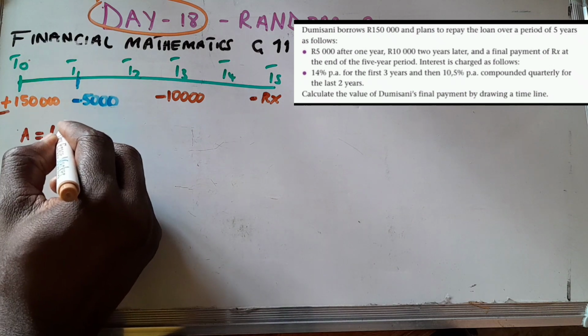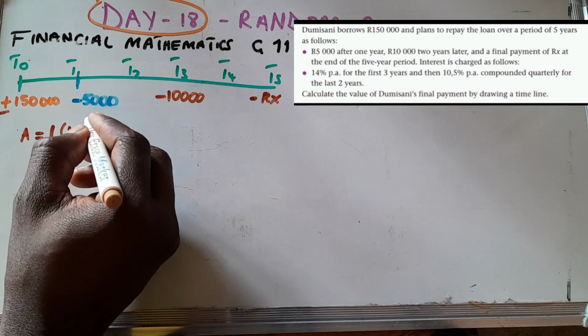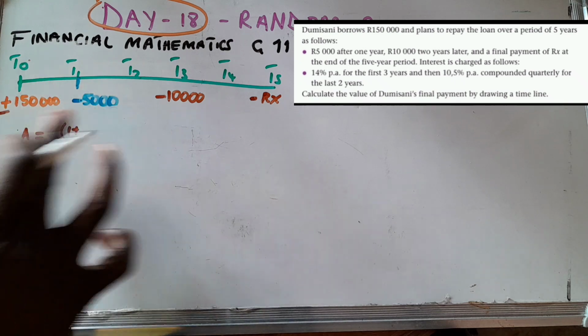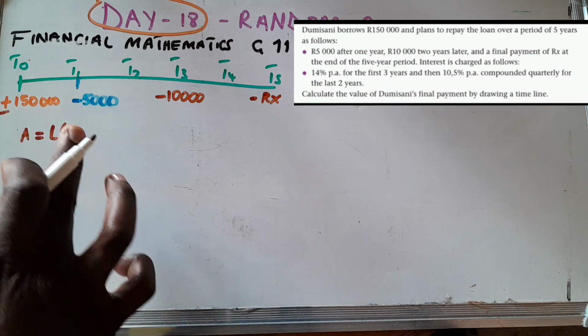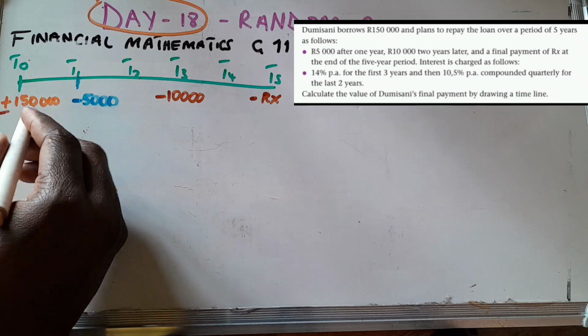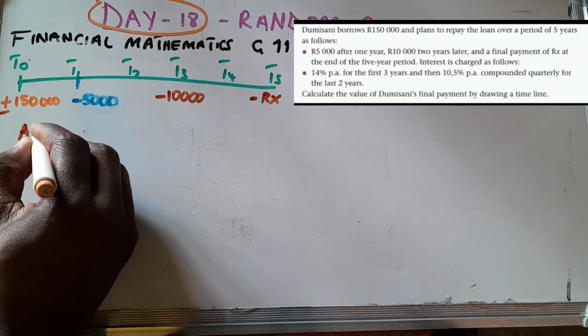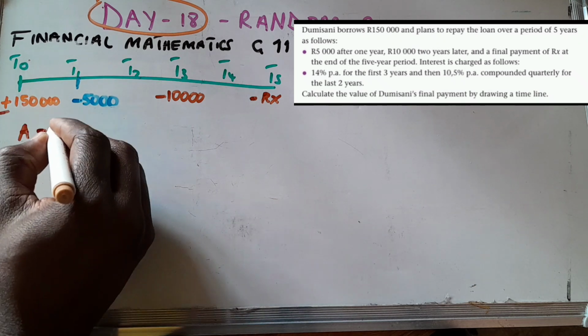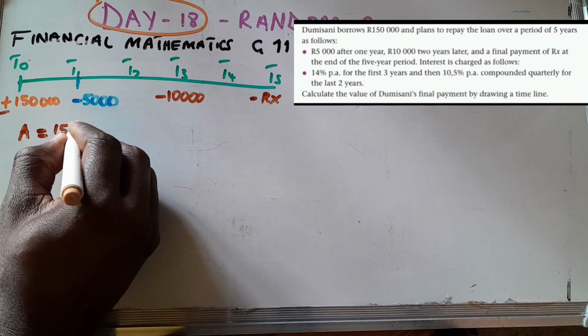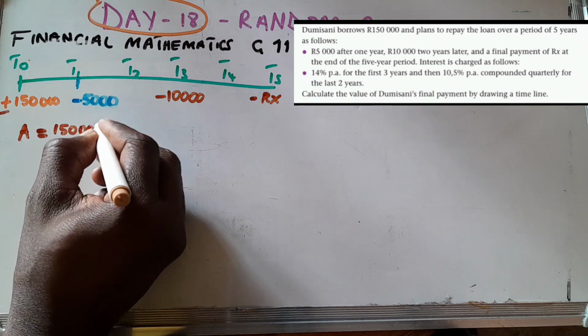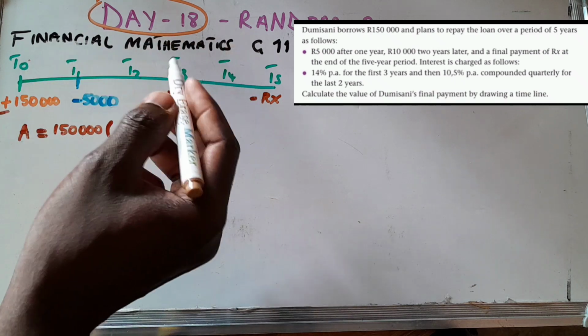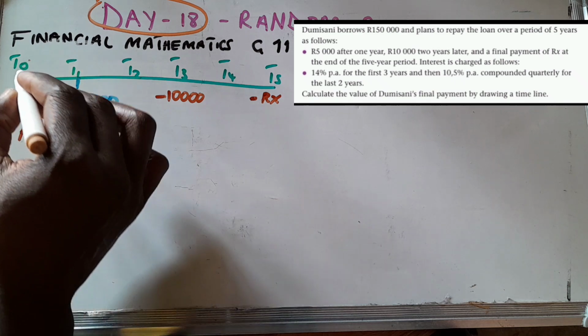It's a plus. So let's write all the details in terms of numbers, right? So we can say the accumulated amount is equal to 150,000. Oh, before I can go there, the interest rates were changing.